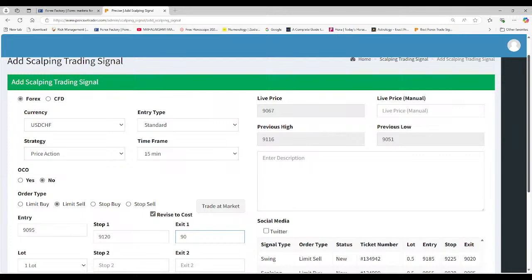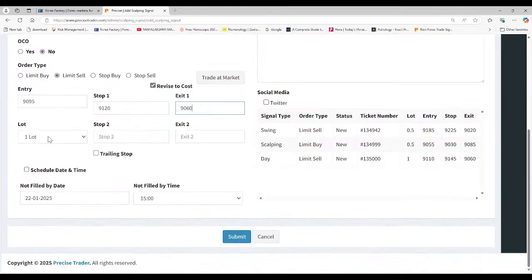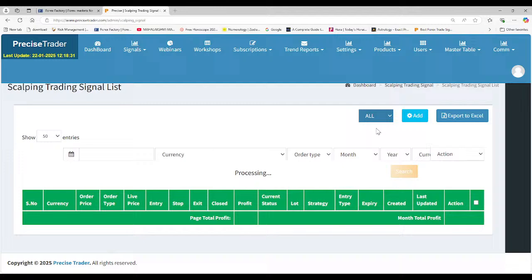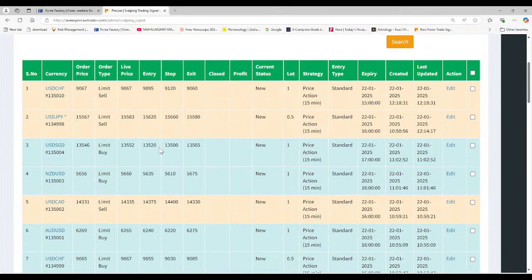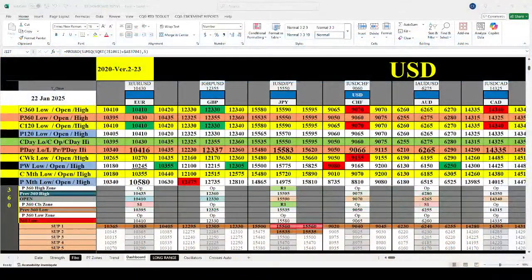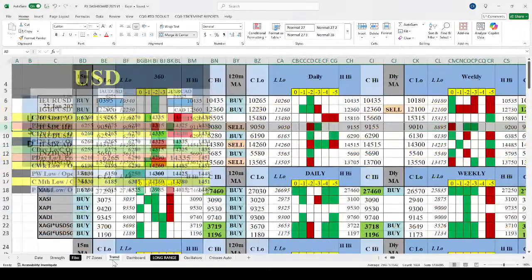So we should exit before 55 or 60. And this one, I think we can go on one lot because this is with the trend. So this is there. Let's move on to the next currency.